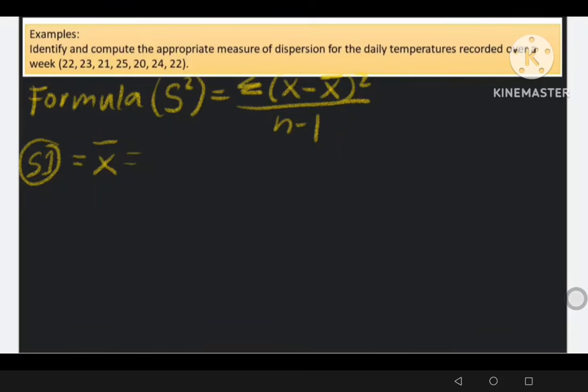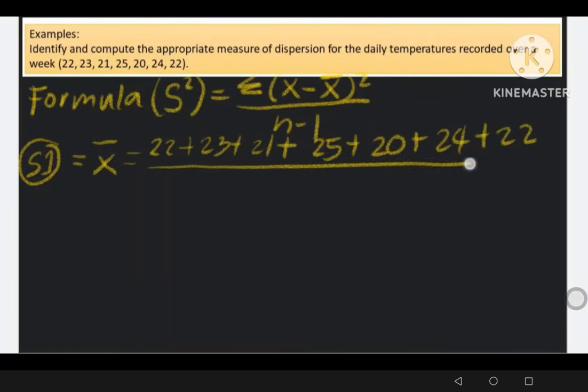So we have, add all the datas, 22 plus 23 plus 21 plus 25 plus 20 plus 24 plus 22. And then divide it by how many datas? 1, 2, 3, 4, 5, 6, 7. So that's 7. So if you're going to add all that given datas, the result is equal to 157.